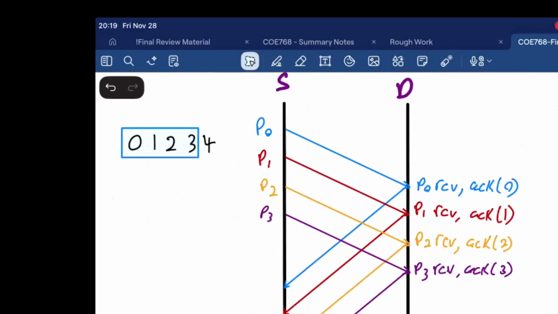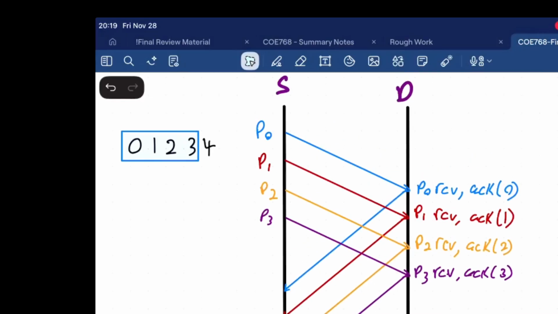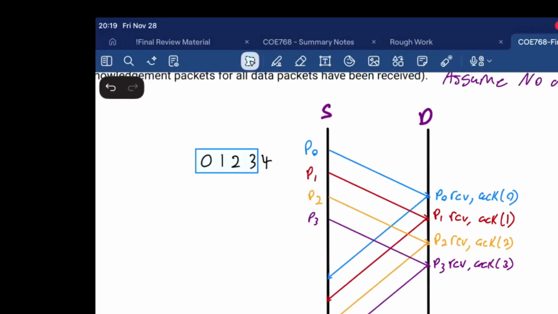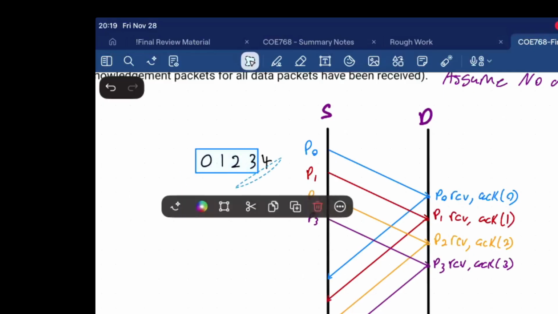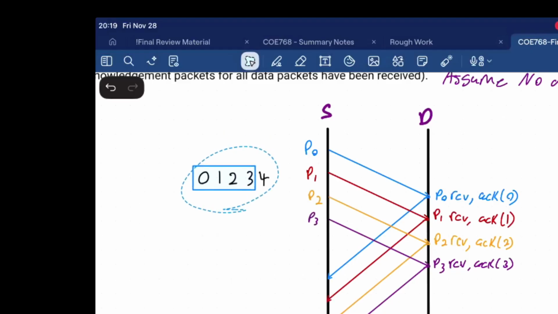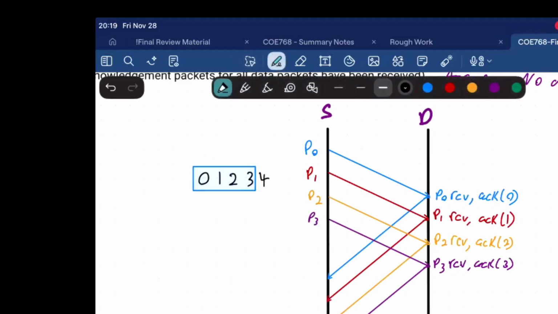And from here, we know that the first 4 packets within this frame have been sent. The reason we were able to do all 4 of them at once is because they're all in the first window that we have. So we can say that this exact window can be referenced for all 4 of these transmissions.